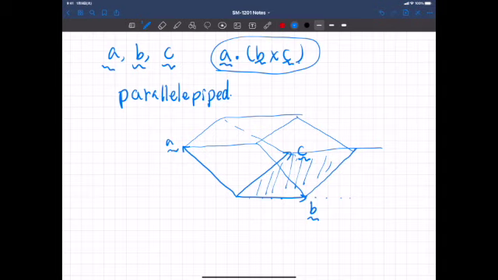This is a very lousy picture of a parallelepiped made by these three vectors.